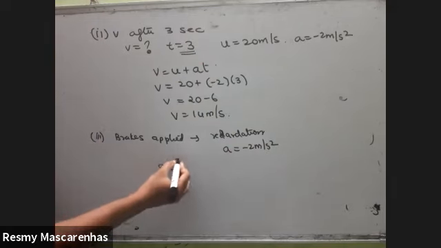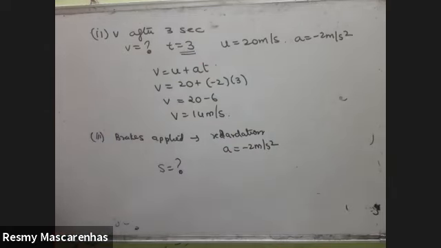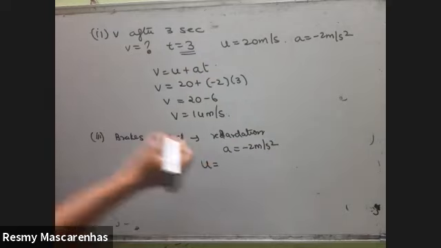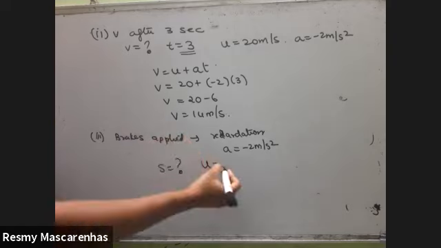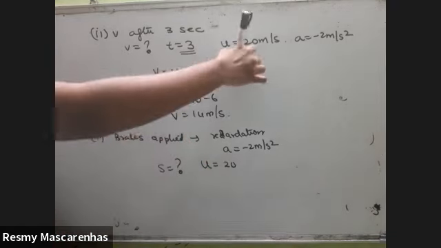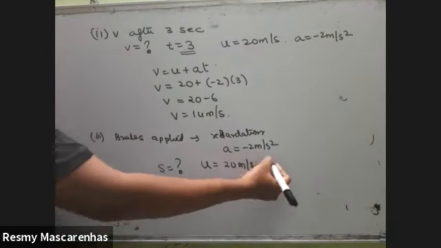Distance I have to find. How much is it? V anyway will be 0 till the last point we have to calculate. U will be how much we have got? 20 meters per second.